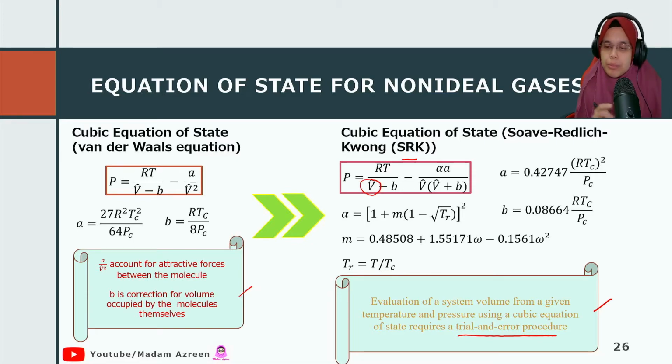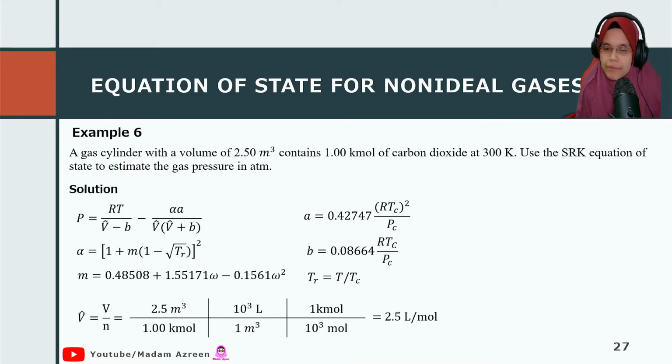Okay, and for the next example, we're going to see how to use this SRK equation. Let's go to the question. We have this equation, and we would like to estimate the pressure. The SRK equation you can use to calculate a pressure or a temperature, but for a volume, it is a trial and error method.